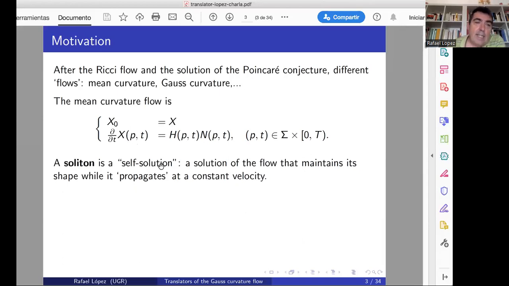What is the idea? The idea is that this surface preserves the shape along the flow. And then because the shape is the same, the t variable disappears. And then the soliton satisfies an equation without the time t.